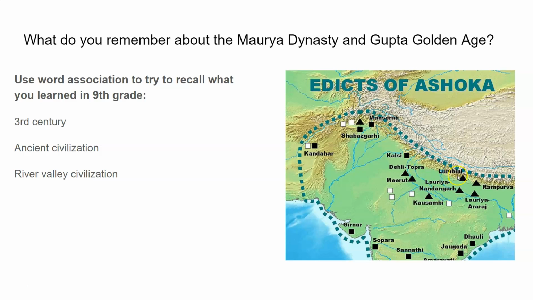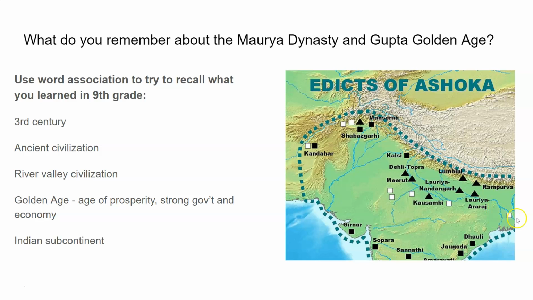Here, they're more heavily situated. Remember what a golden age is: an age of prosperity, strong government, and economy. And this is the Indian subcontinent. A subcontinent is just a mass area of land that juts out from a larger piece of land, the main continent. And the Guptas, they promoted Hinduism but also accepted Buddhism and Jain cultures.